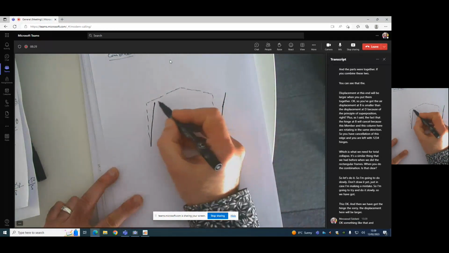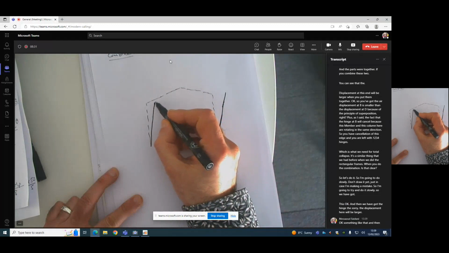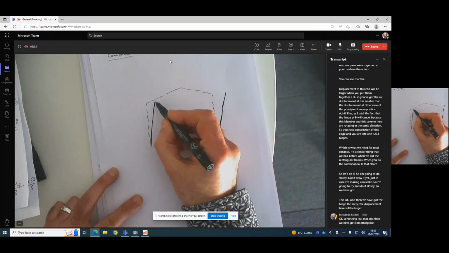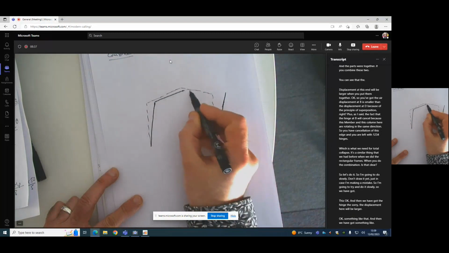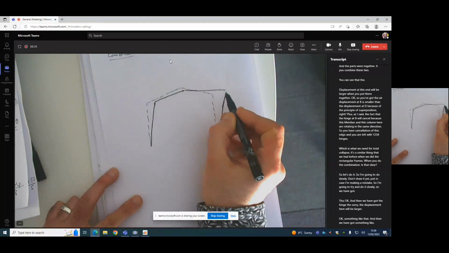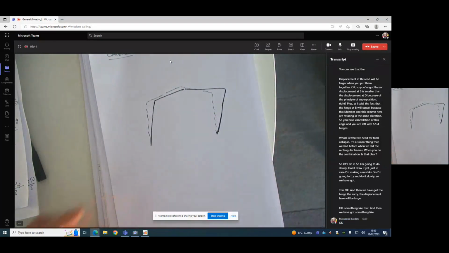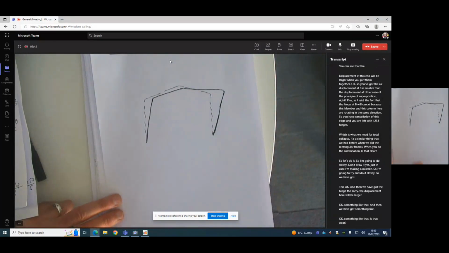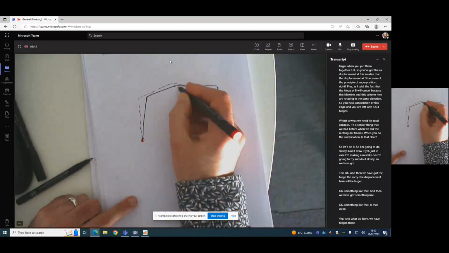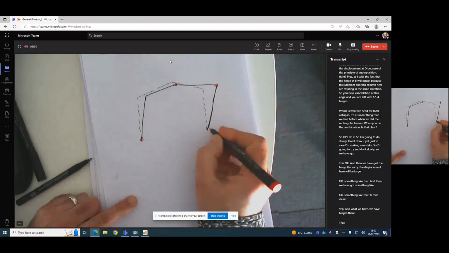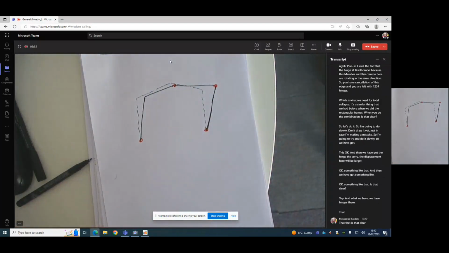And then we have something like that. Is that clear? And we have hinges there, there, there, and there. Is that clear? And that's the 4 hinges that we need.